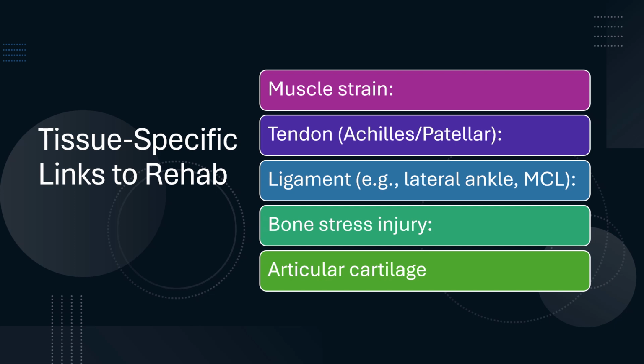After isometrics, we might go on to controlled eccentrics in the mid-stage. We then go to high-speed exposure in the late stage. Criteria for muscle strains: we look at pain-free sprint drills and functional tests. We look at strength, we use clinical measures, and we look at a stable 24-hour response with our patients and clients.